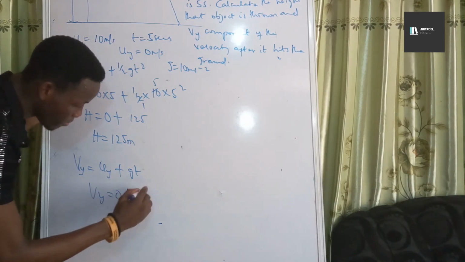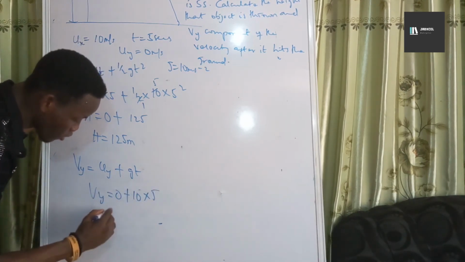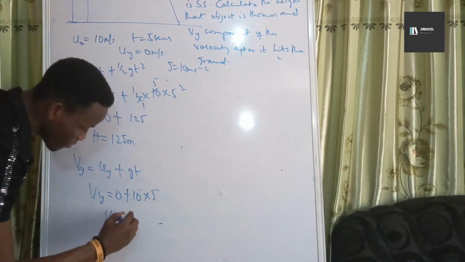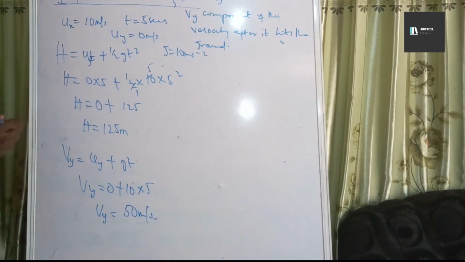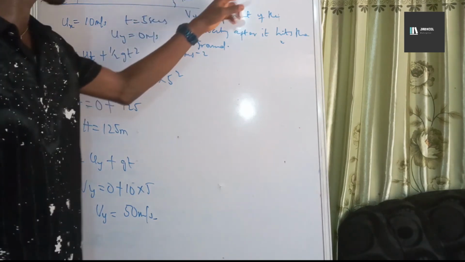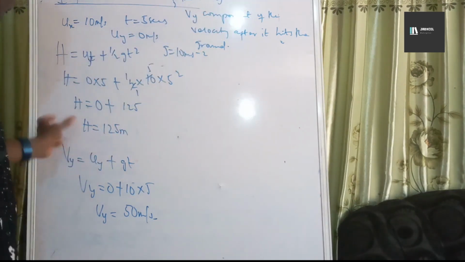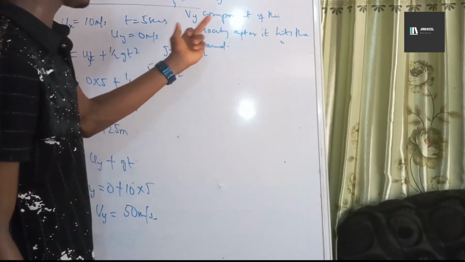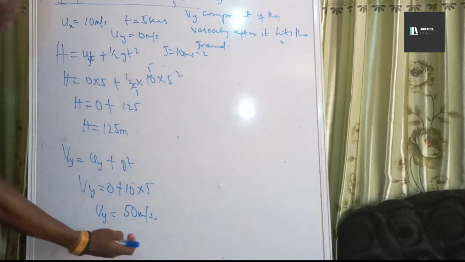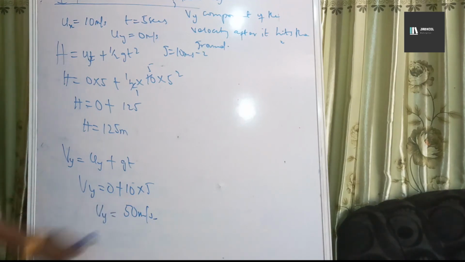So our vy is equal to 50 meters per second. The first part asks to calculate the height at which the object is thrown, and we have it as this, and the vertical component of the final velocity after it hits the ground. This is it, so this answers the question.